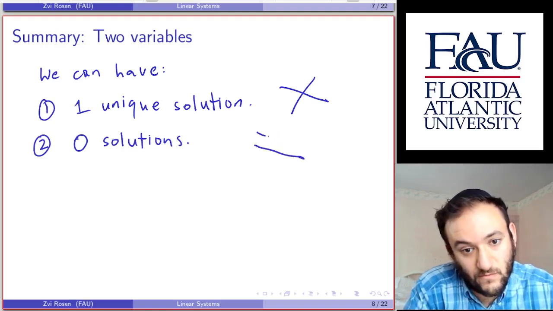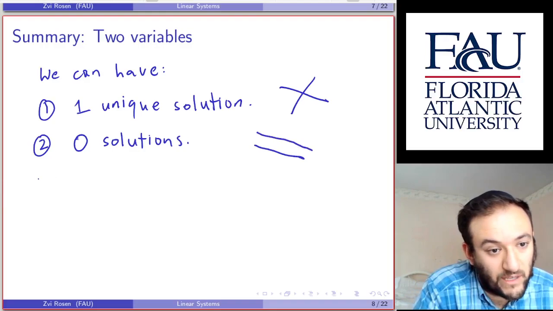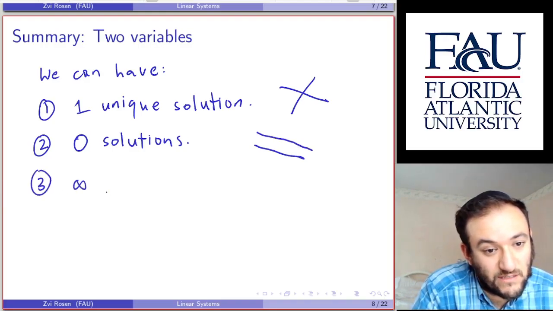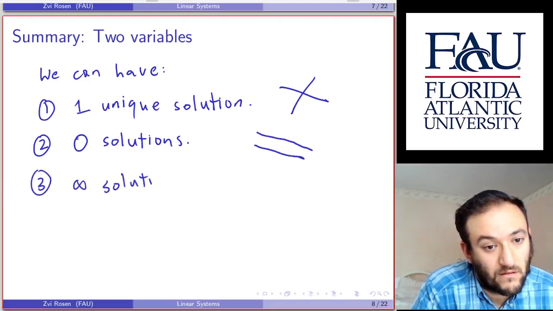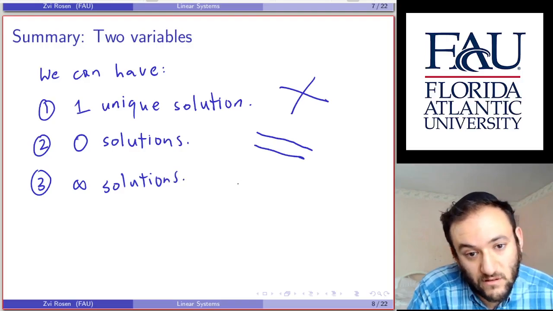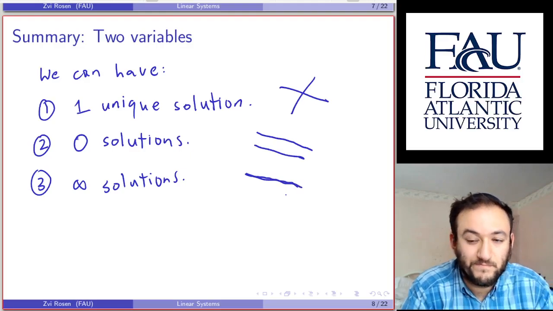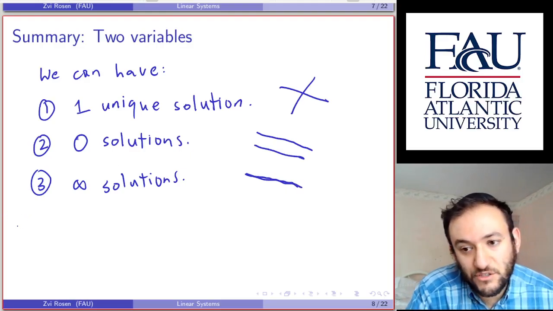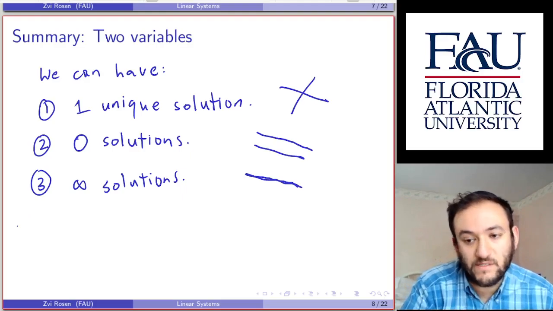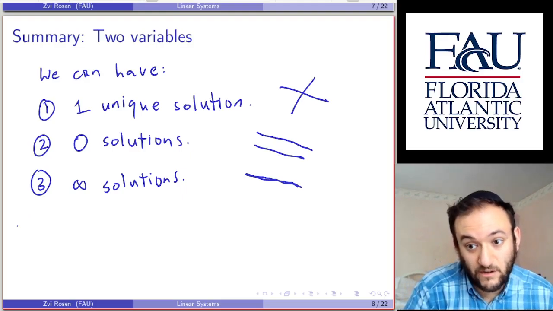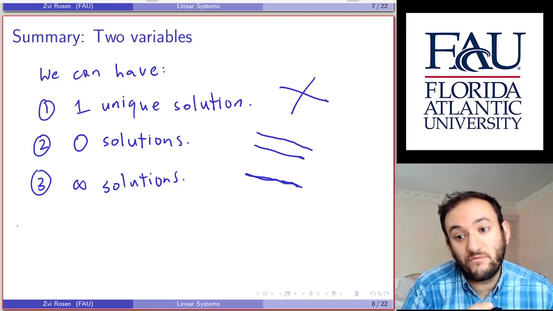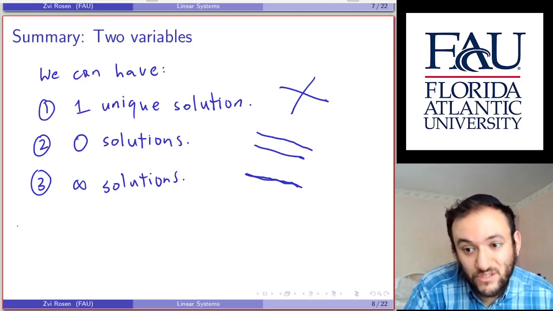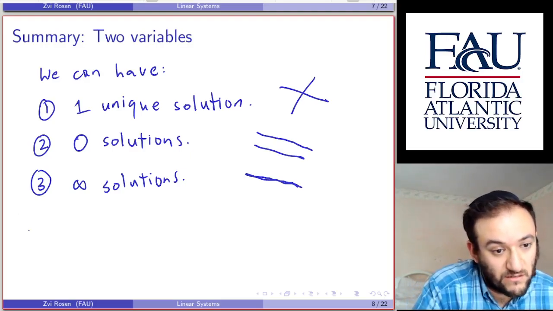And we can have infinitely many solutions in the case of identical lines. And this is actually true in general, so it's not just for two variables. Even with linear equations in a higher number of variables, you're either going to have one unique solution, 0 solutions, or infinitely many solutions.